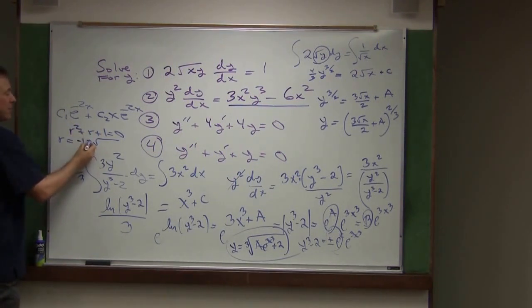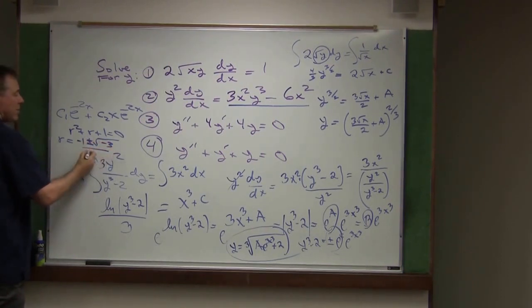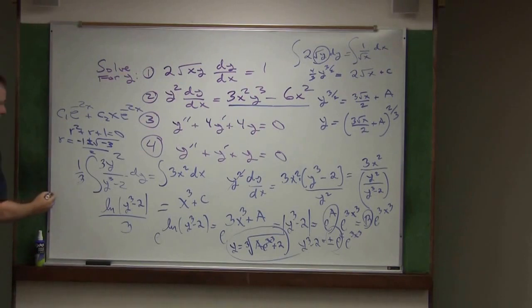What's b squared minus 4ac? Negative 3. Over 2, yeah? So in other words, it's going to be minus a half plus minus root 3 over 2 i. That's going to be your alpha plus minus beta i.